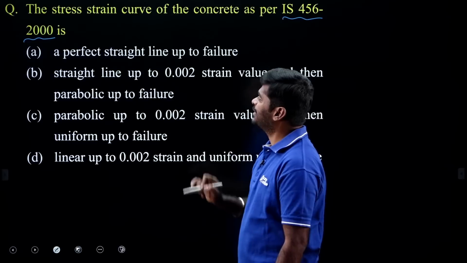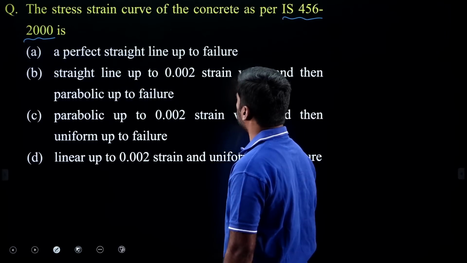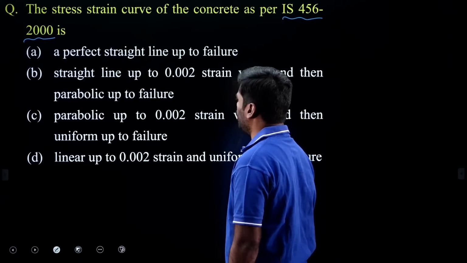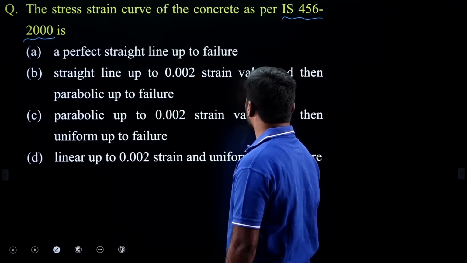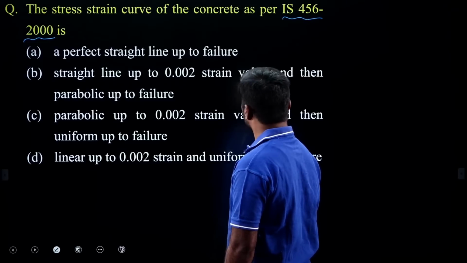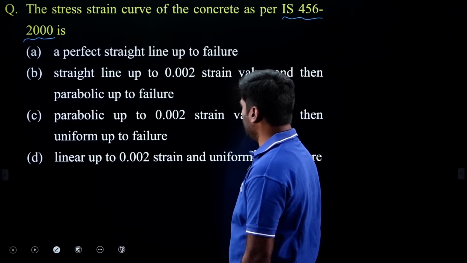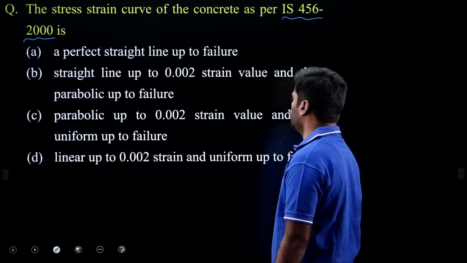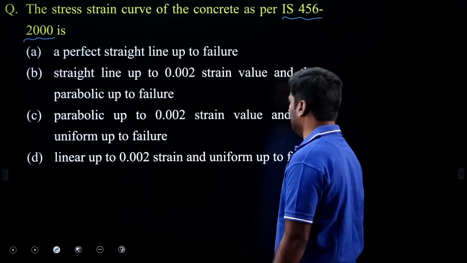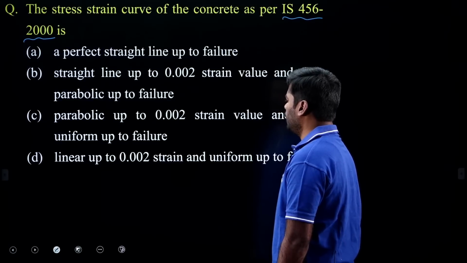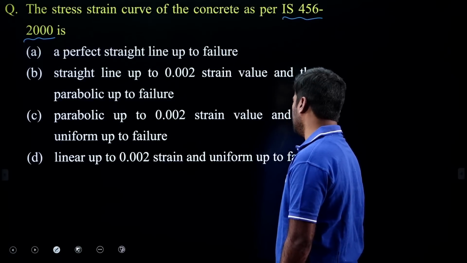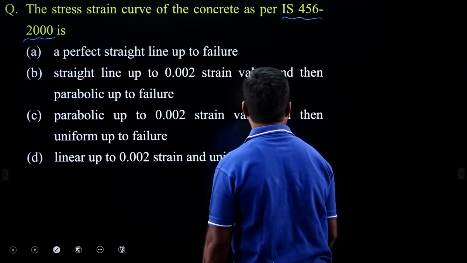My dear, options given here: A, perfect straight line up to failure; B, straight line up to 0.002 strain value and then parabolic up to failure; C, parabolic up to 0.002 strain value and then uniform up to failure; D, linear up to 0.002 strain and uniform up to failure.